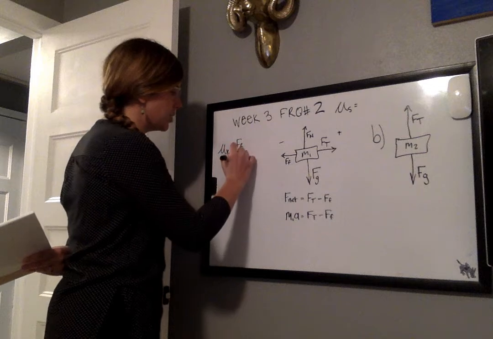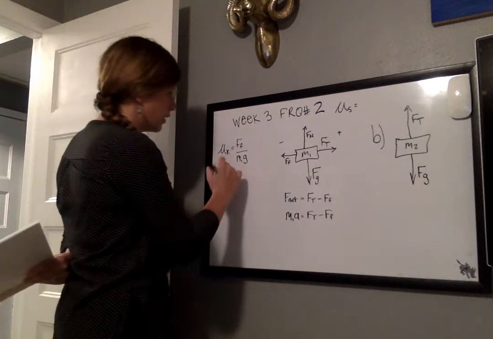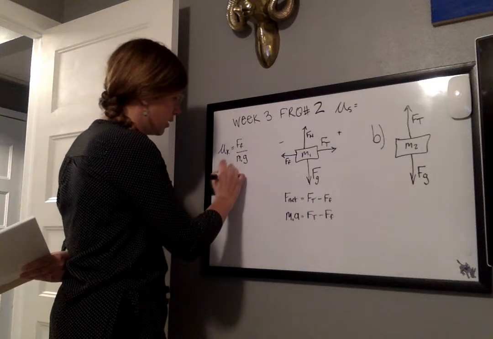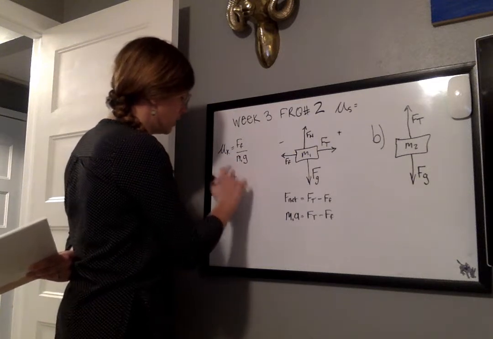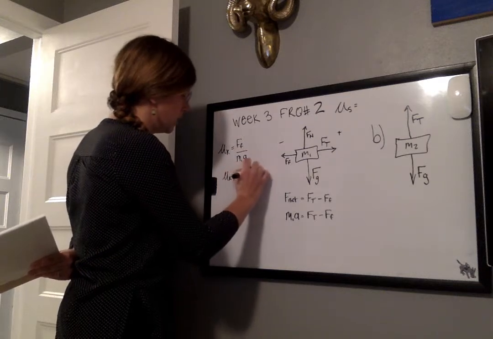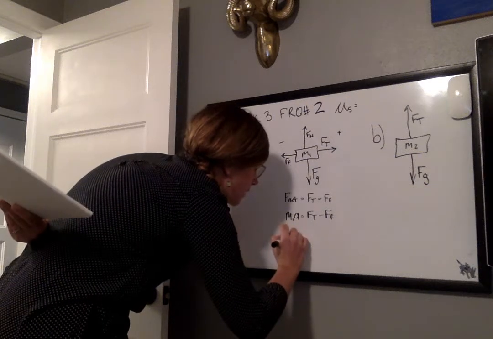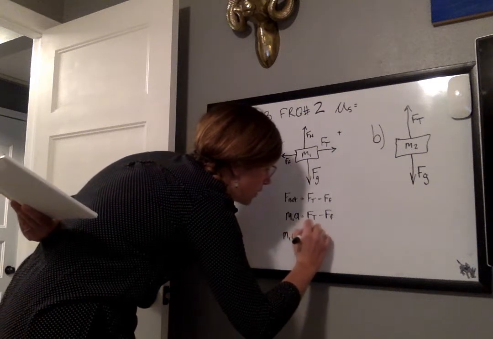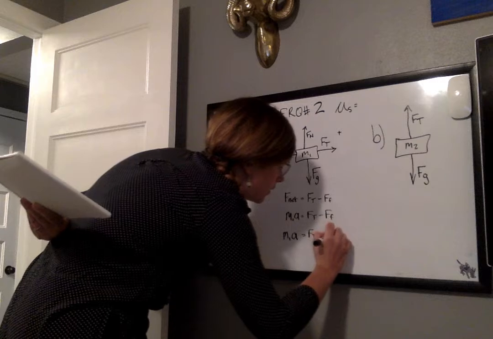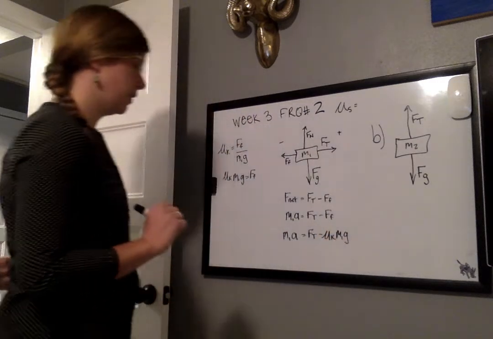Force of gravity is mg, which is mass times g. We're going to rearrange this to equal coefficient of kinetic friction. Awesome, then I'm going to plug it in for this. Now I have mass 1, acceleration is equal to force tension minus coefficient of kinetic friction, m1 times g.